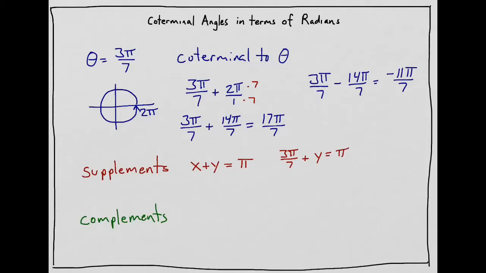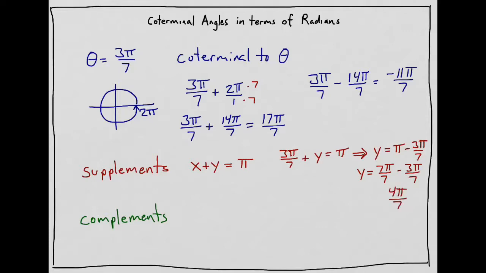Of course, we can think of that calculation as equivalent to y equals pi minus 3 pi over 7. And so we can create common fractions by turning the pi into 7 pi over 7. And we see that the supplementary angle is 4 pi over 7.